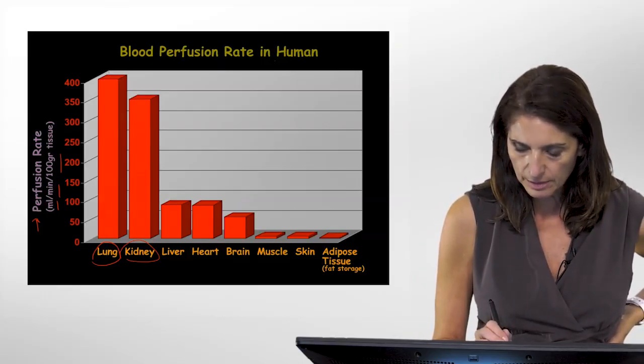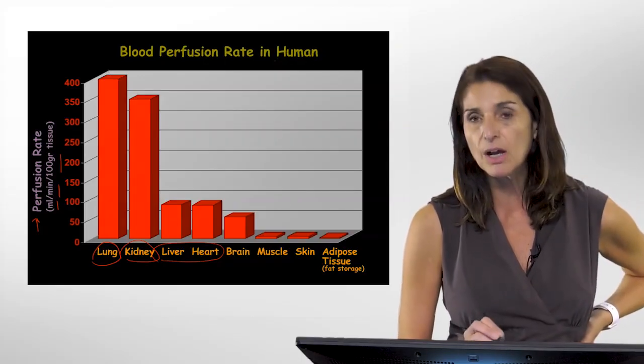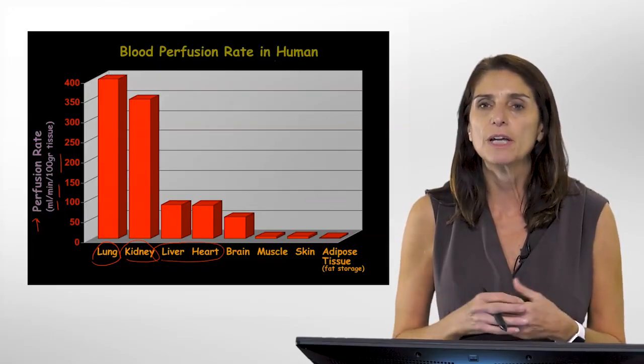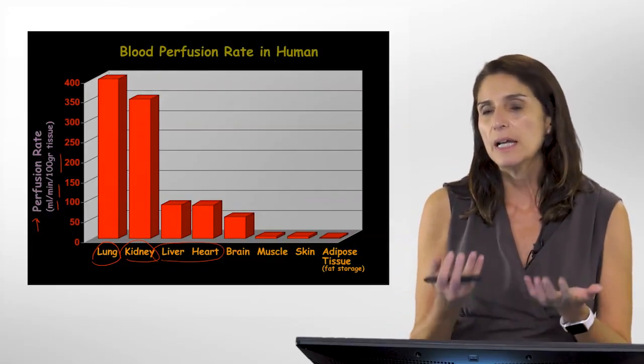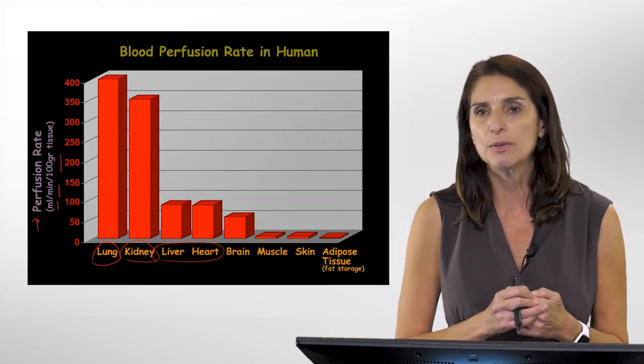The third, at basically the same level, are liver and heart. Again, liver is in charge of detoxifying the bloodstream, and so taking up and eliminating chemical compounds that are found in the bloodstream.